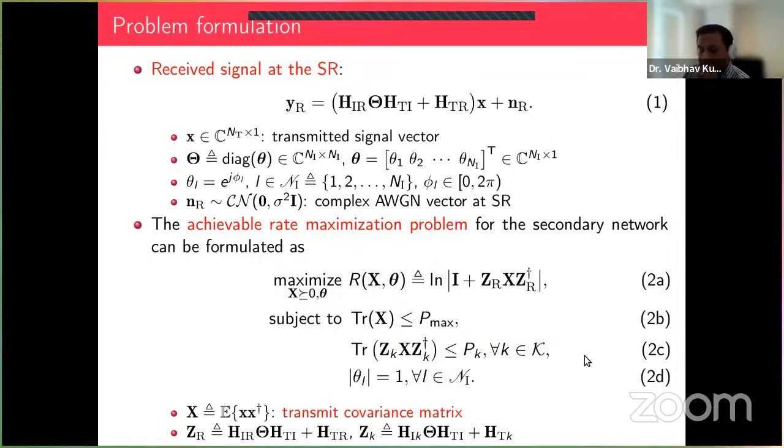The idea behind penalty-based optimization schemes is that they are very popular. They convert a constrained optimization problem into an unconstrained one. If we have an objective and a constraint, we multiply the constraint with a penalty parameter and take it into the objective. Now my problem becomes an unconstrained one.